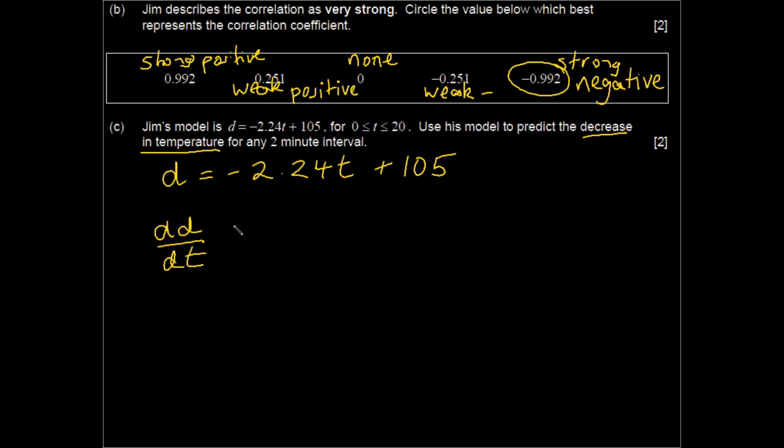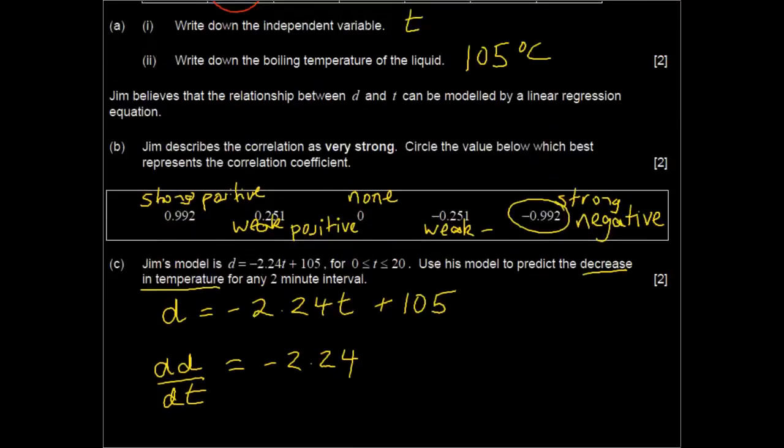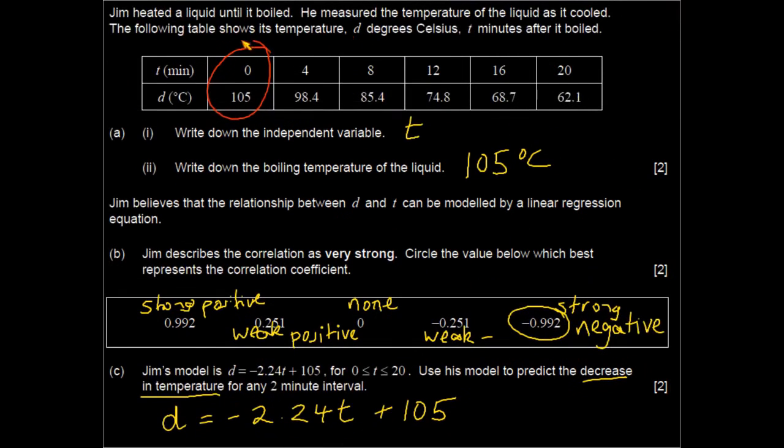So dD by dt is going to equal negative 2.24. Now this is essentially the change in temperature per minute, because it said back at the beginning that temperature in degrees is T minutes after it boiled.